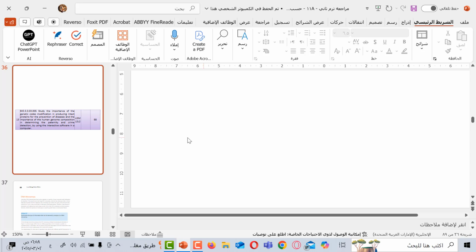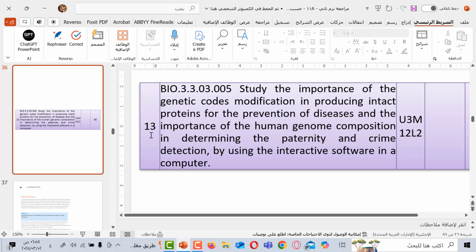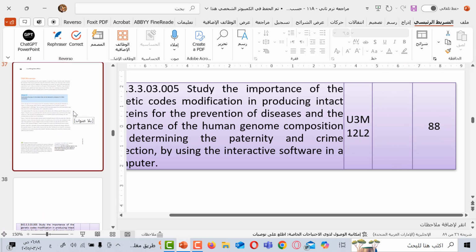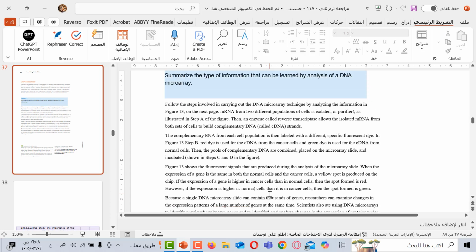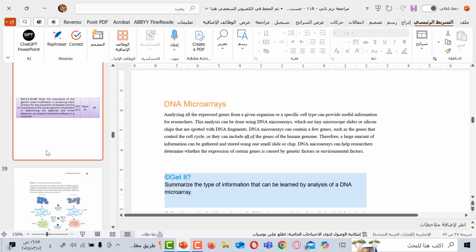It's question number 13, and the page number 88. You must study this picture. This whole page is about DNA microarray. Don't forget it.